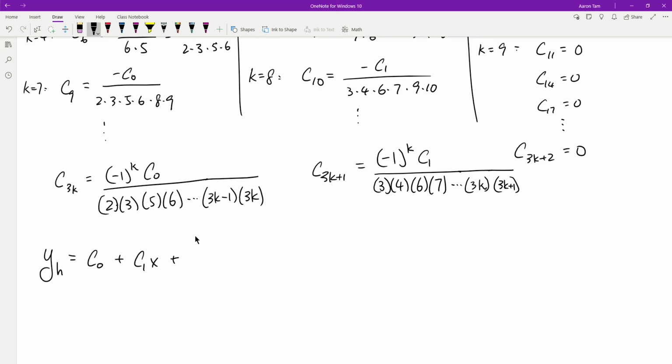Multiples of 3 will match up with c sub 0, and that will form this summation. Actually, I'm going to put the c sub 0 in front.